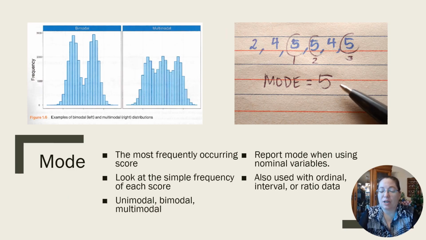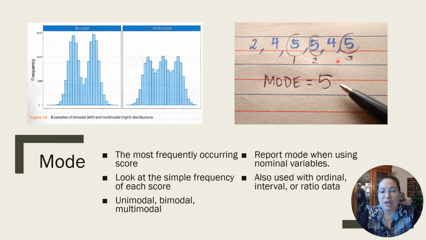This one is possible to do with ordinal, interval, or ratio data. The mode is really just the most frequently occurring score. So with our pet example, for instance, most people had 1 pet, so our mode is 1.